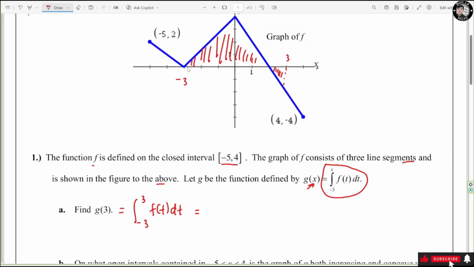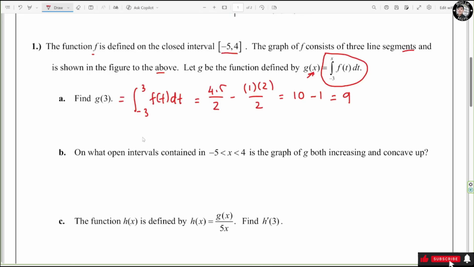For this triangle, the base is 5, the height is 4, so 4 times 5 divided by 2. And for this one, the base is 1, the height is 2, so subtract 1 times 2 divided by 2. So it is 10 subtract 1, which is 9, right?